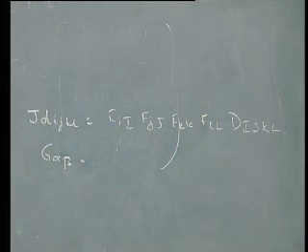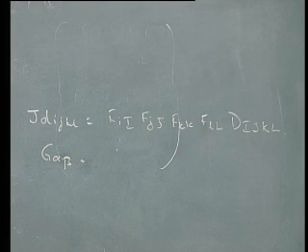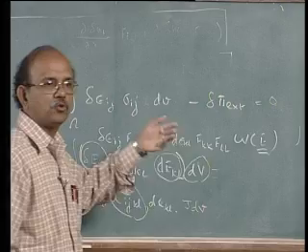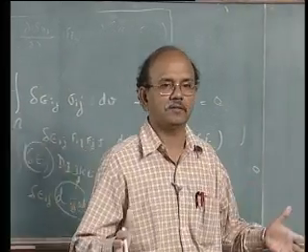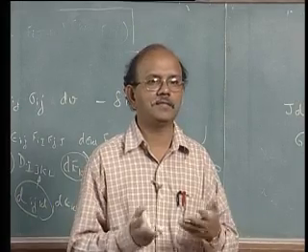But before that, what I want to comment is a very important comment, that by this time you would have realized that both the updated and the total Lagrangian formulations are equivalent. There is no difference between them. They are the same.